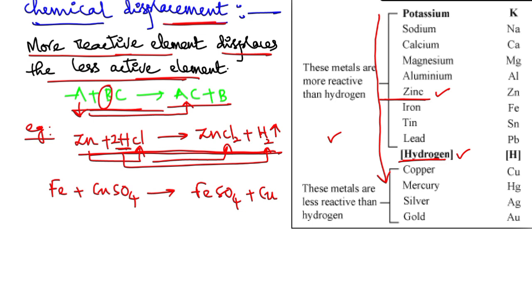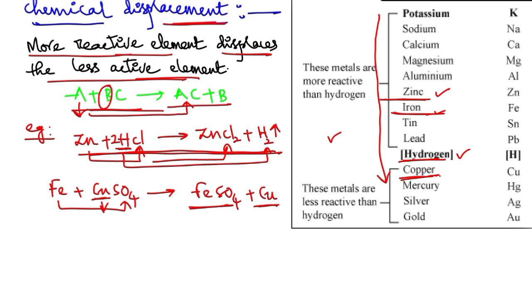Here iron is here and copper is here. So copper is less active compared to iron. That's why copper is displaced, and here FeSO4 forms and copper will be displaced from copper sulfate.